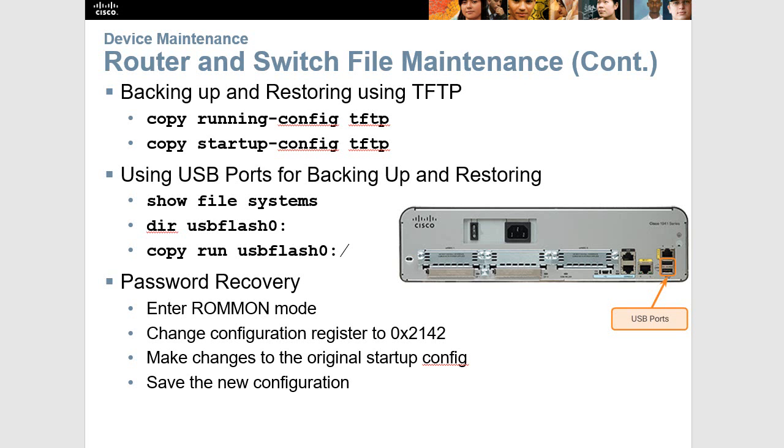First thing they recommend you do is show file systems to verify that the USB flash drive is being recognized. Okay. Then you can do a copy run usbflash0:/ and when you press enter, you'll be asked to give the file a name.